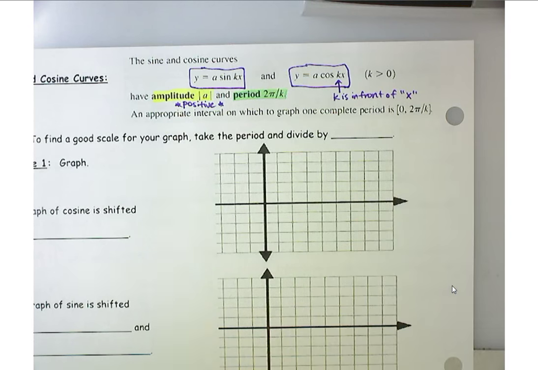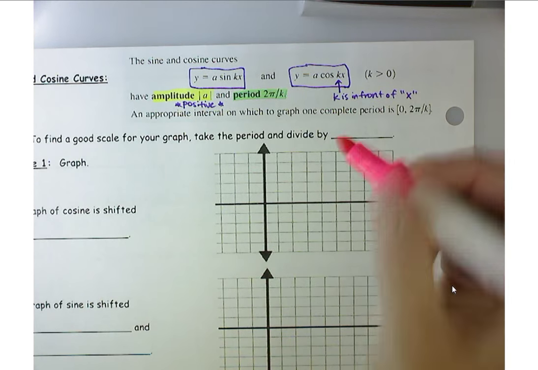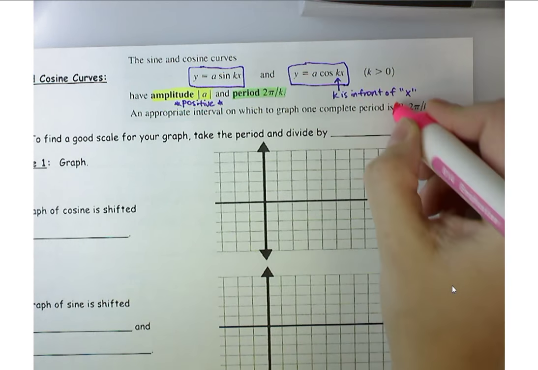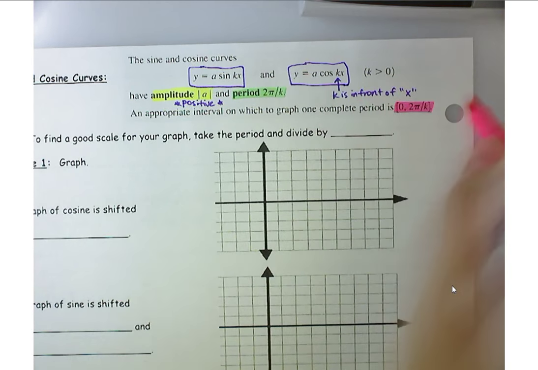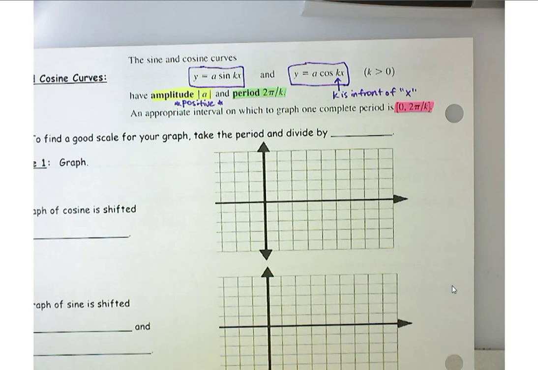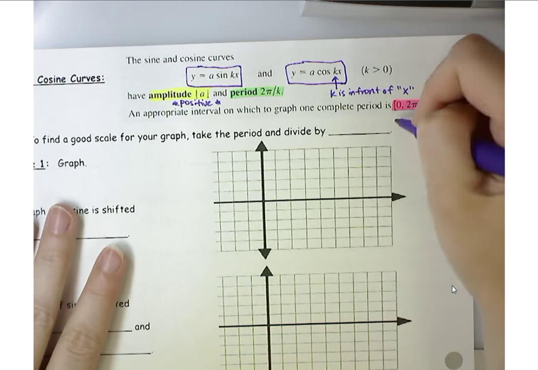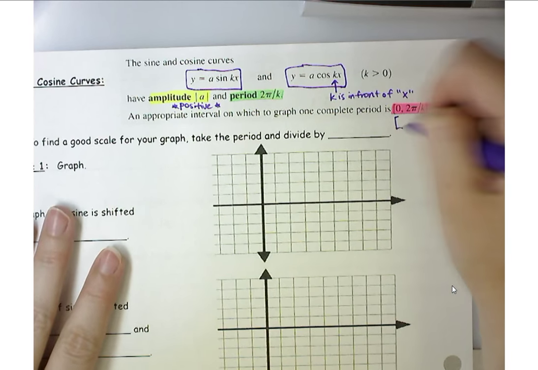All right, an appropriate interval on which to graph is 1 complete period. So that would be 0 to 2 pi over k, which remember 2 pi over k is the equation for the period. So they're just saying, oh, an appropriate window to graph would be from 0 to your period.